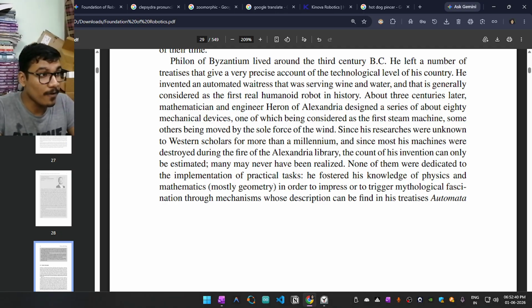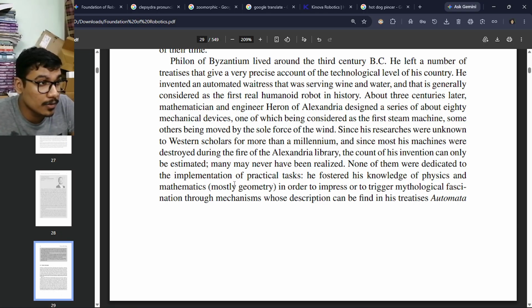Philon of Byzantium lived around the 3rd century. He left a number of treatises that give a very precise account of the technological level of his country.